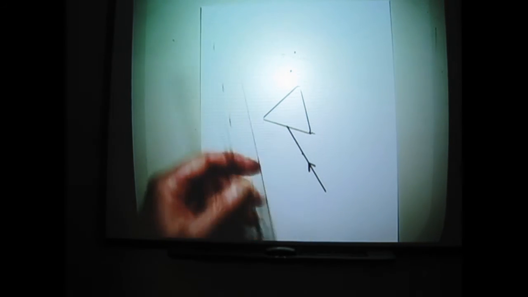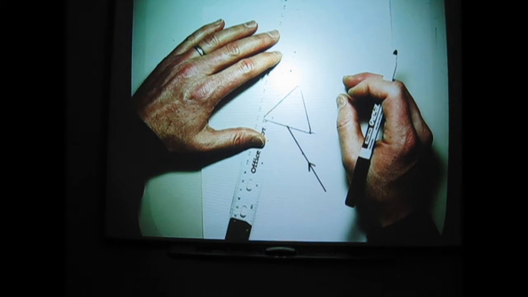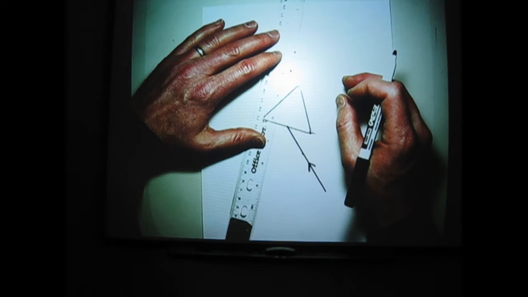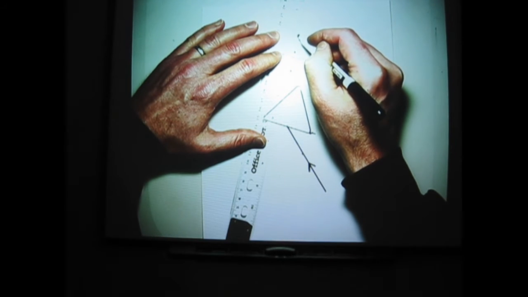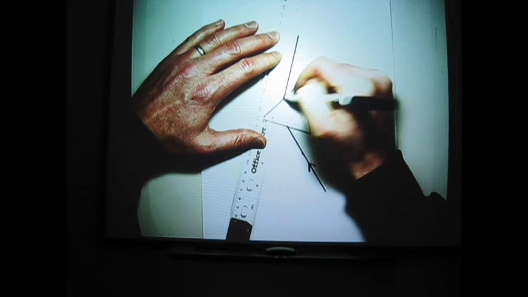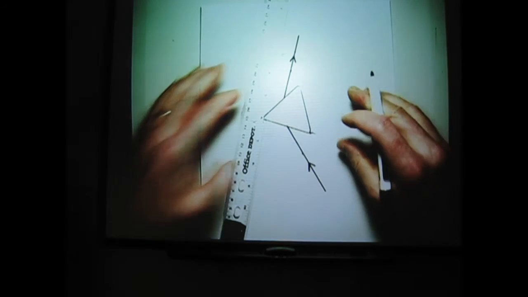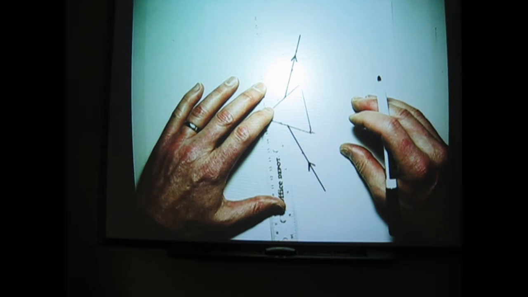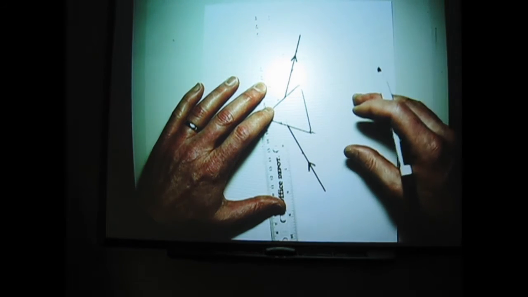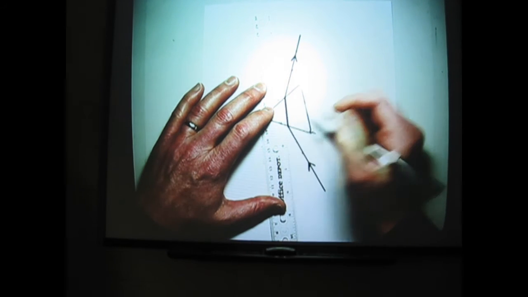And then the one that was coming out is this one right here. And then the one that passed through the glass, I can just basically connect these two together. So that was something like this going through.